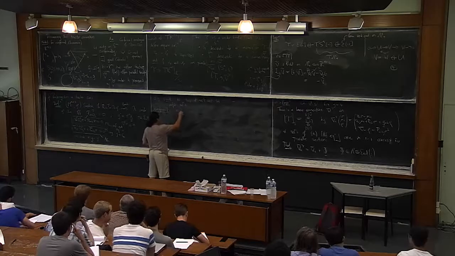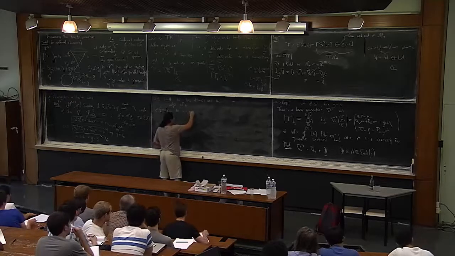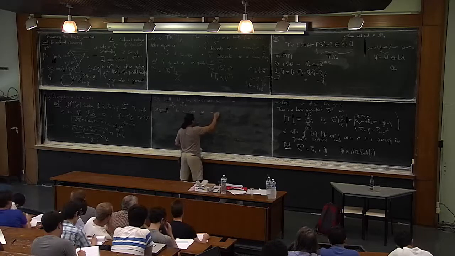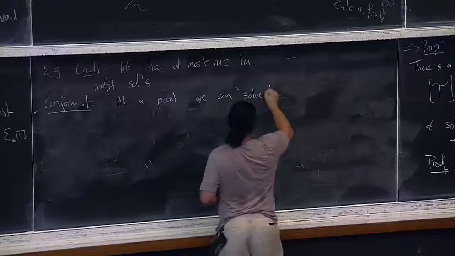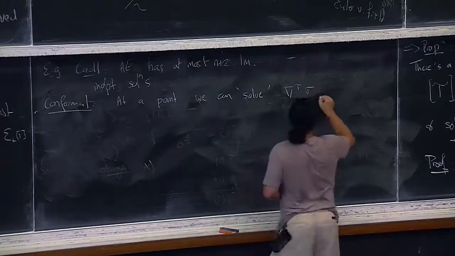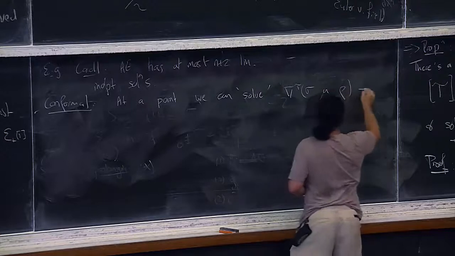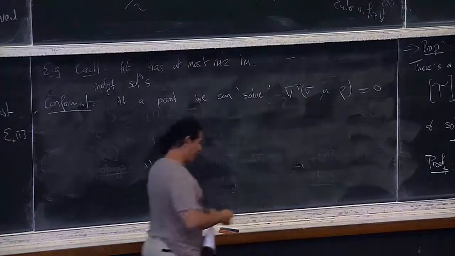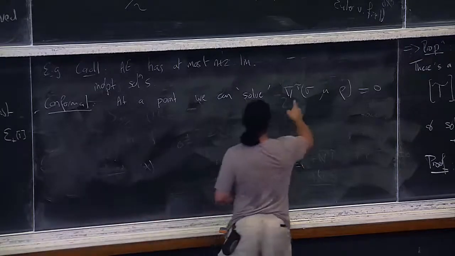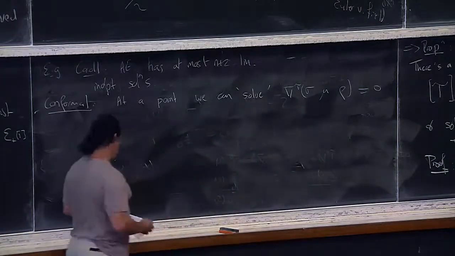At a point, we can solve, it's just at a point that grad tau of sigma mu rho equals 0. So you just parallel transport away in all directions from the point. Then at that one point, all derivatives vanish.